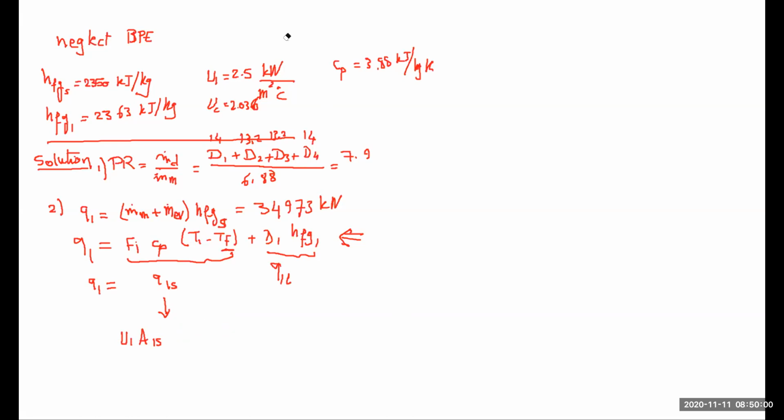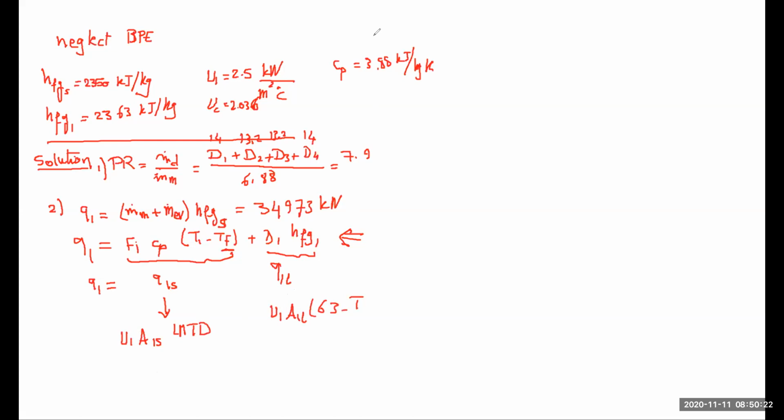So this is basically Q1 sensible is U into the area into the log mean temperature difference. Sensible means that there is sensible heating. Whereas Q1 latent is U1, A1 latent into the temperature difference, which is TS minus T1.